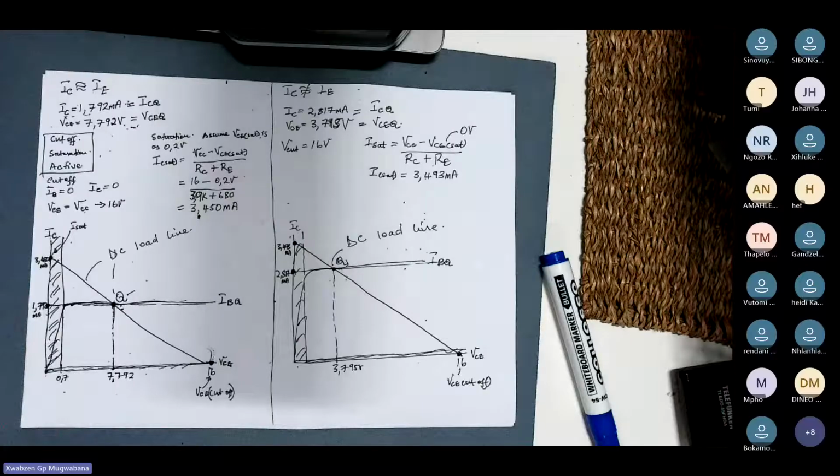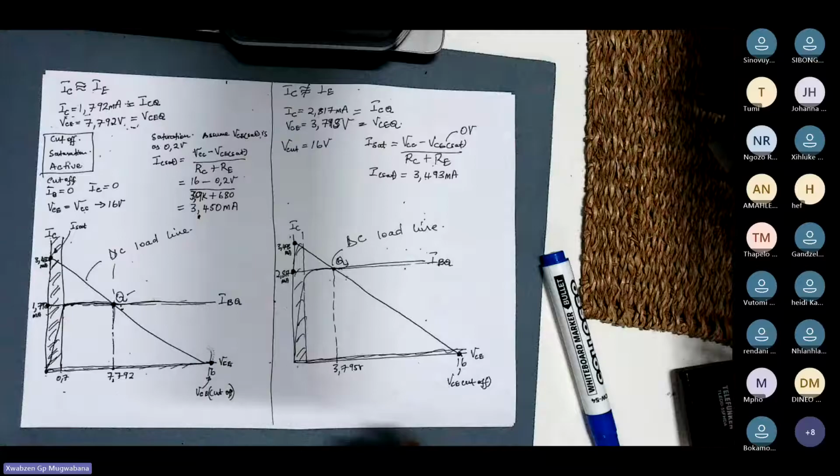Anyone else? Sir, let me ask. On the graph, I did mention that this one is a Q point. Then I didn't go to that part to mention that this one is ICQ and VCEQ. Is it okay, or do I have to go and mention them?